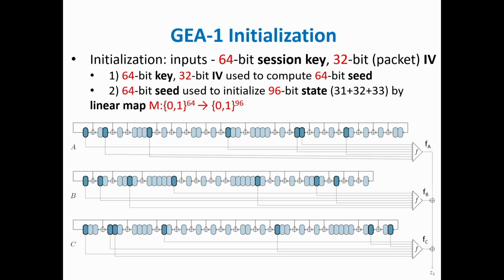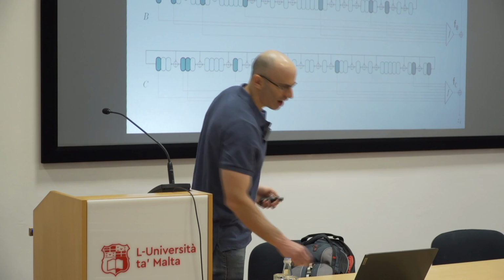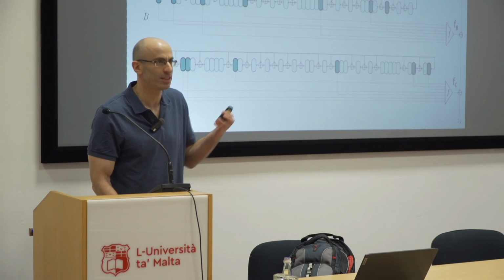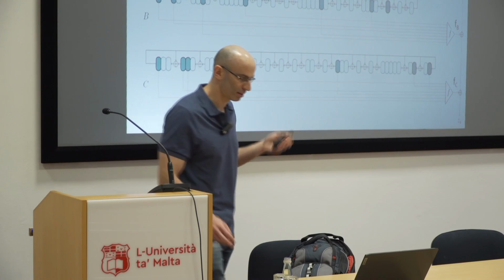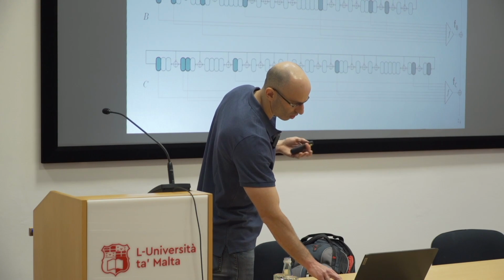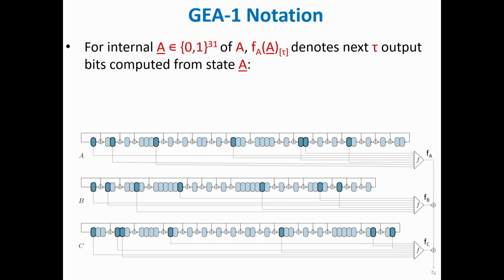Okay, that's the initialization, and then after you initialize the state, you can start producing keystream and encrypting a packet. Before I show you how to encrypt a packet, let's define some notation so it will be easier.